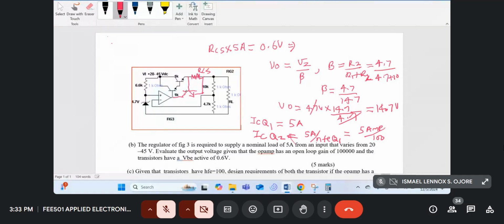And this implies that RCS is equal to 0.6 divided by 5, which is 0.12 ohms. So you design for RCS is 0.12 ohms.